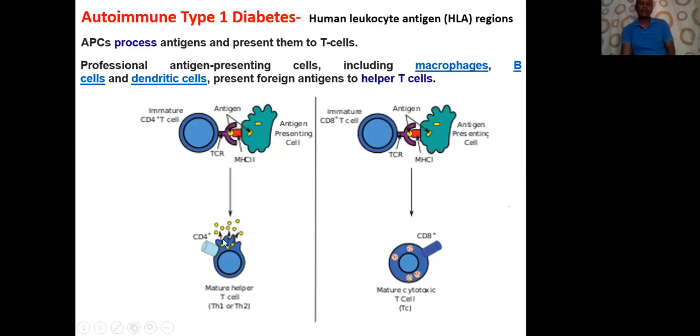Then T cells will become mature T cells, that is CD4 or CD8. Once they become mature T cells, production of antibodies will happen. And this whole process, the processing by antigen presenting cells, is regulated by human leukocyte antigen regions in chromosome 6. So this is how the antigen will be presented to the T lymphocytes.